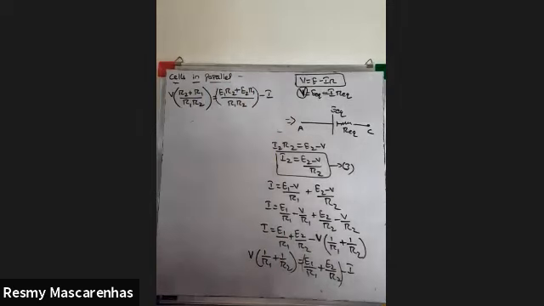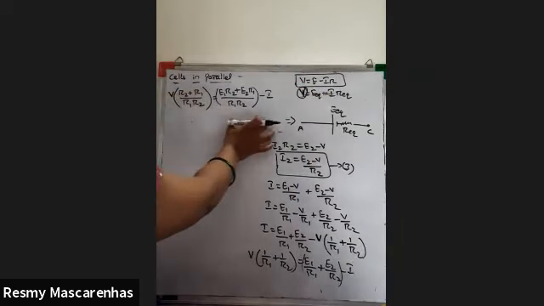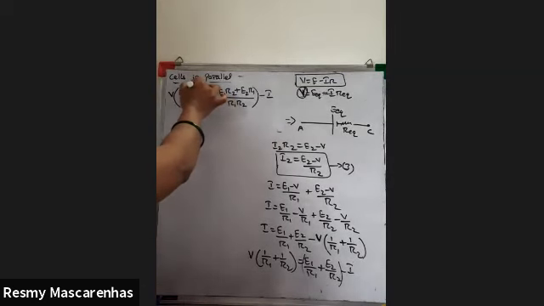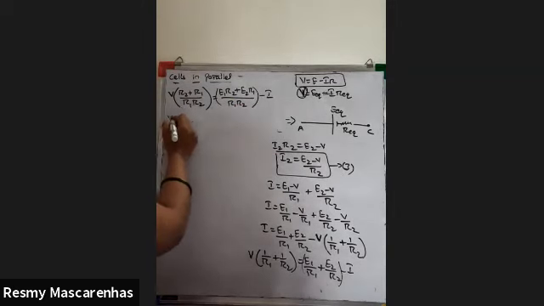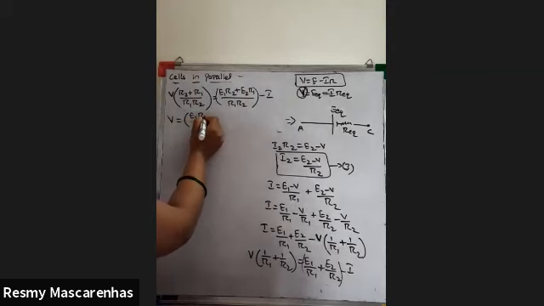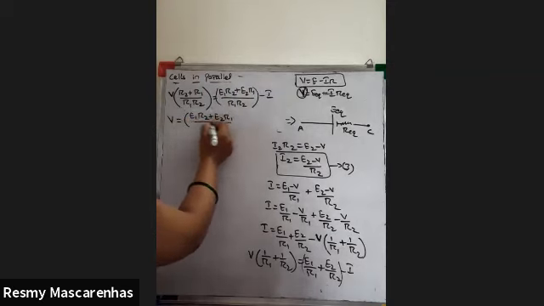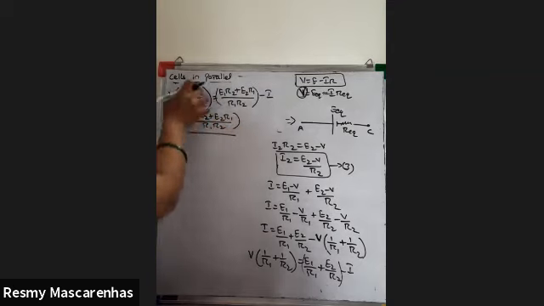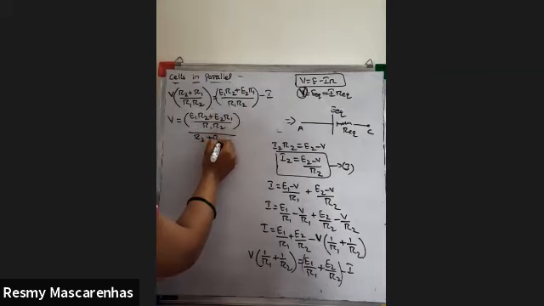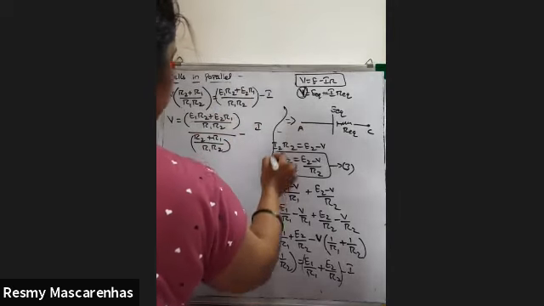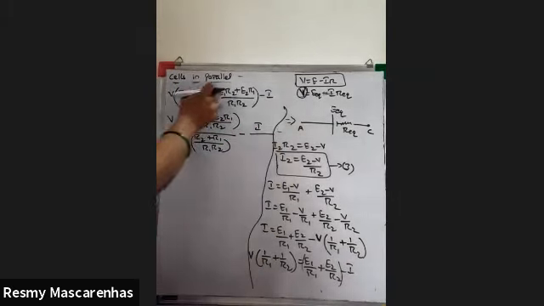minus V times r. Now, as I want only V on one side, I'll keep only V here, and whatever is there with V will come to the denominator on the other side because I have to take it to the other side. So V will be equal to (E1 R2 plus E2 R1) upon R1 R2, upon this term first, (R2 plus R1) upon R1 R2, minus I r upon, again it will come to the denominator, I'm doing simple mathematics now.